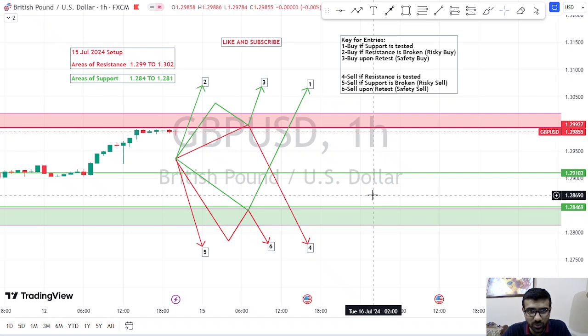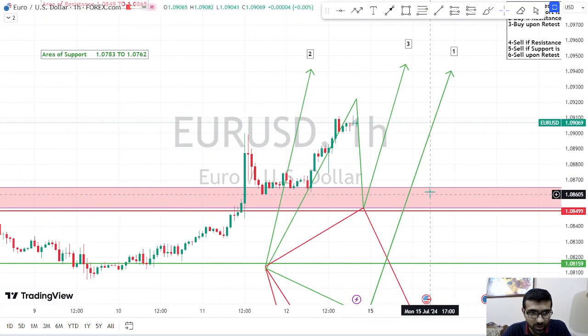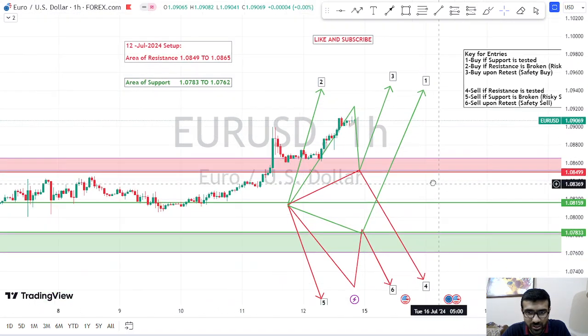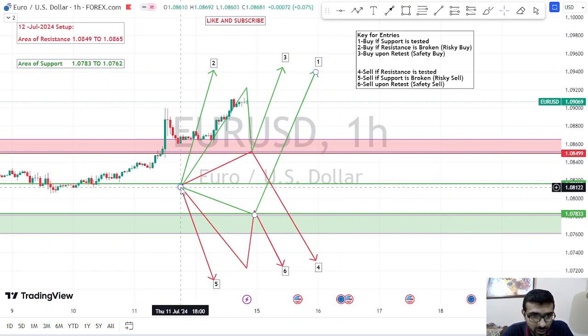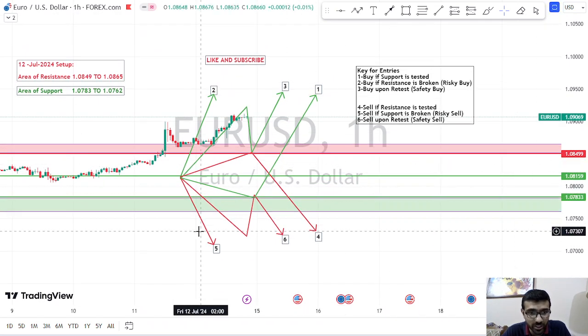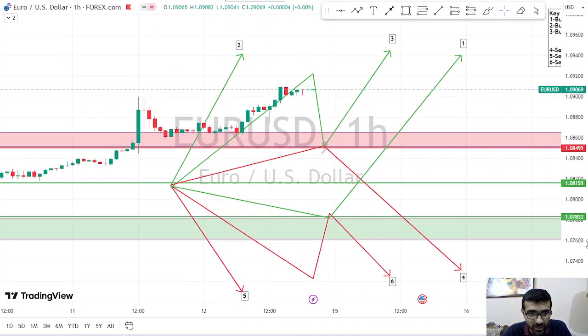Let us move further down to the Euro USD pair from where we left off. You guys can see that this Euro USD market just continued to go up and up, and it would have given us some very good scenarios to trade. So let me zoom in a little bit for you guys, and let me take these possible entries.